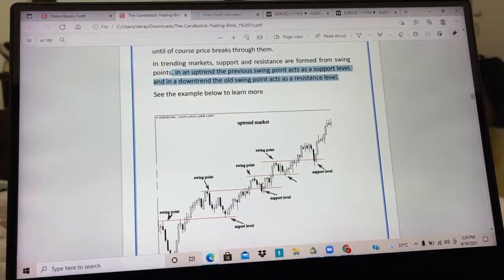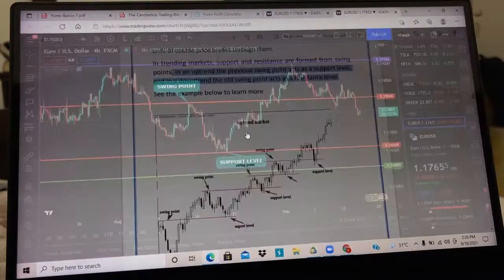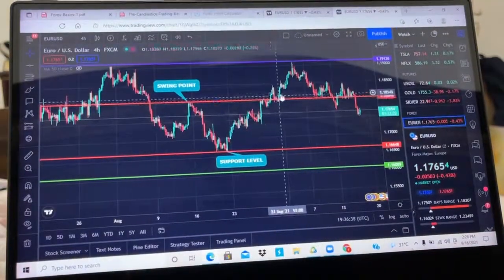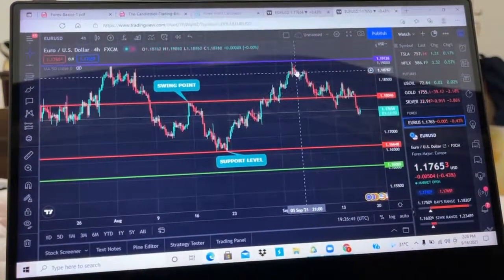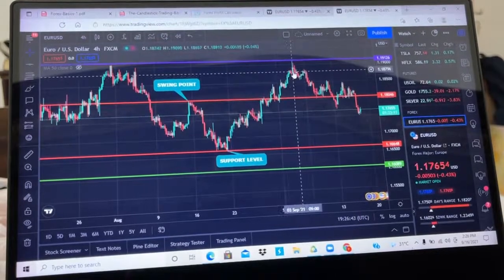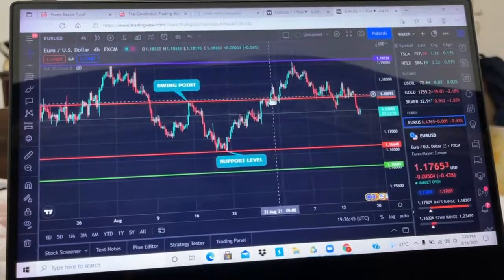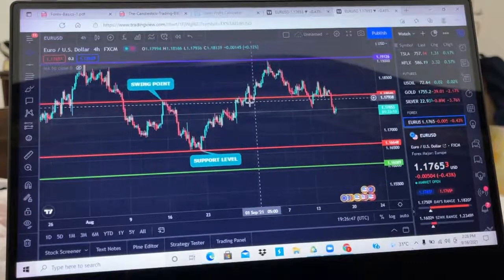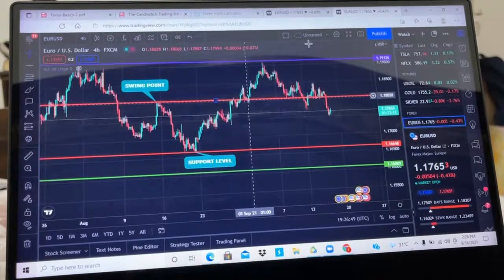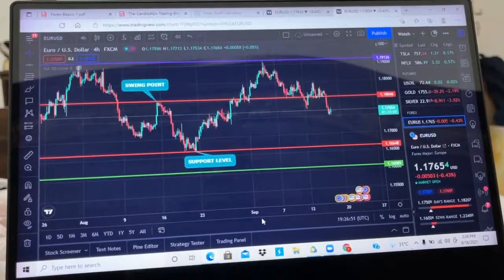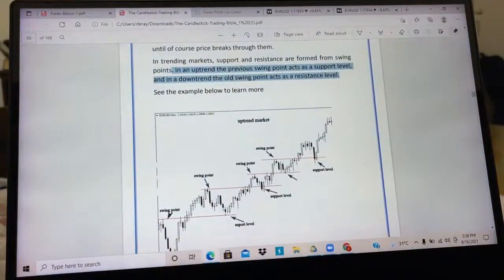Right, same thing happening here. The market, which is the candles, went above the swing point. So this swing point now would have considered to be a support. Right? So support.